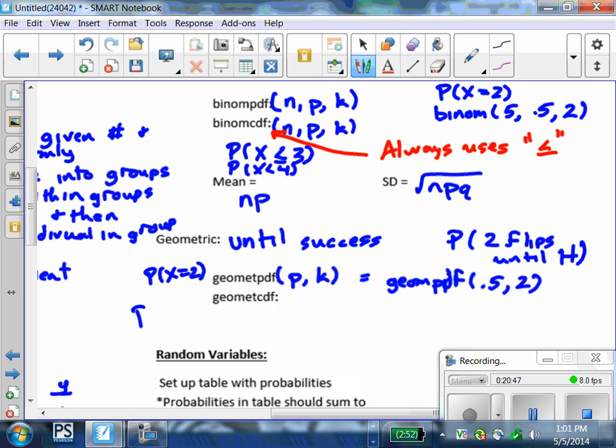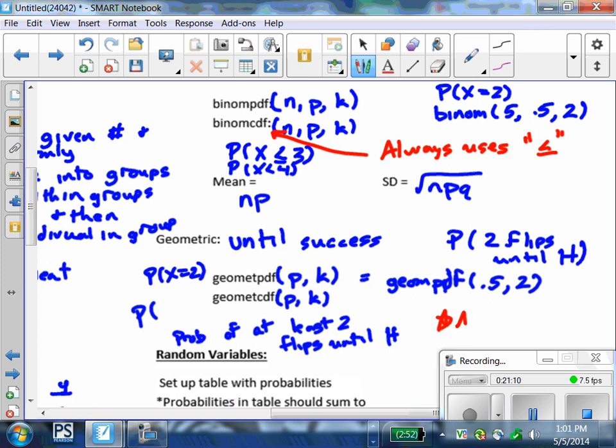CDF is cumulative, so that would be like the probability of at least 2 flips until success, until heads. And again, this is always going to be P then K, but it again always uses less than or equal to.